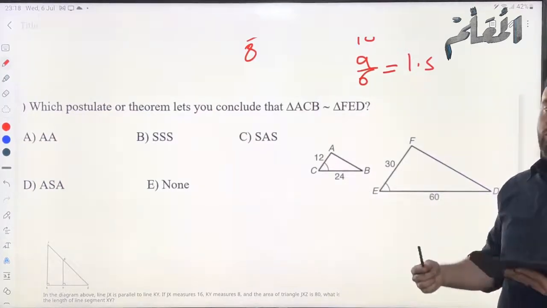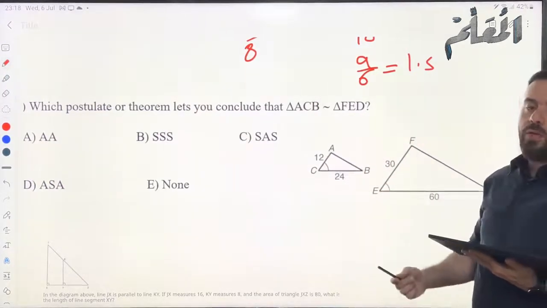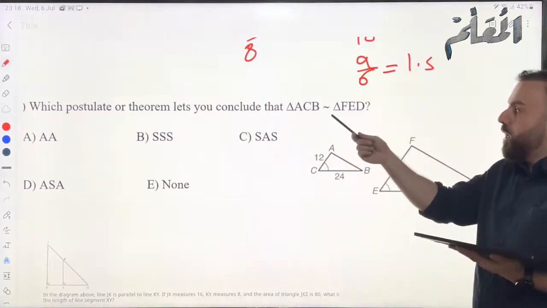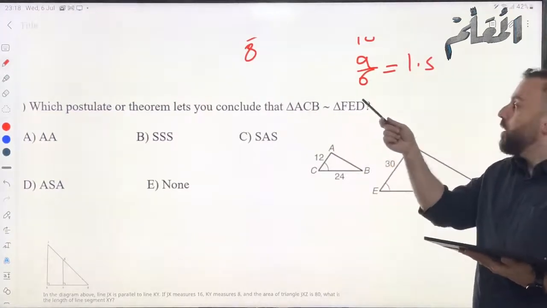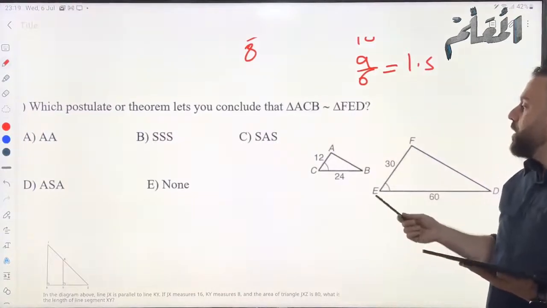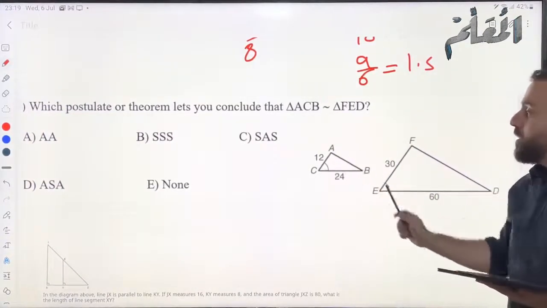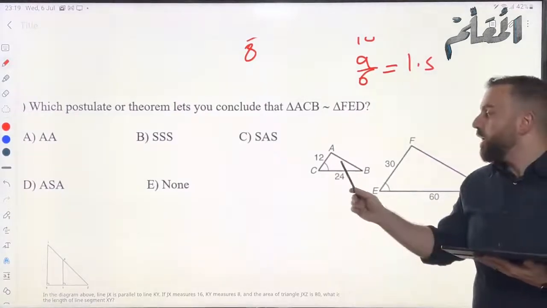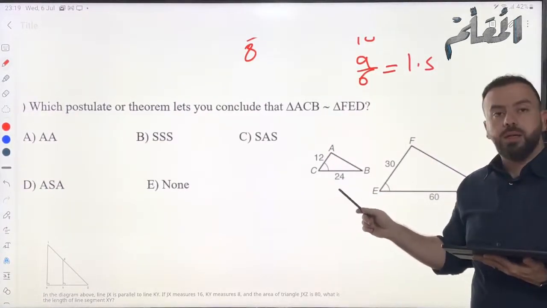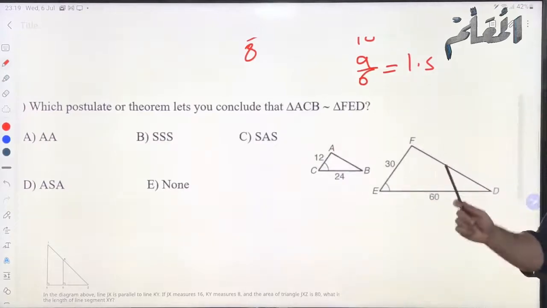I'm not asking you to calculate if the ratio is the same, because we are saying that they are similar. Okay, so at the same time we have a side and there is an angle. Of course, it's really clear that it is side, angle, side. Okay, this is question 2 done.